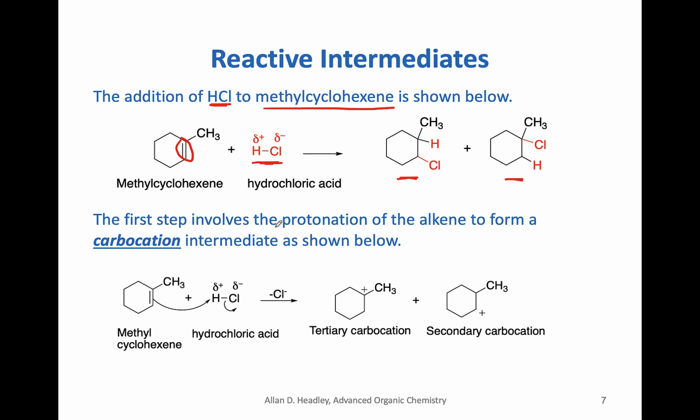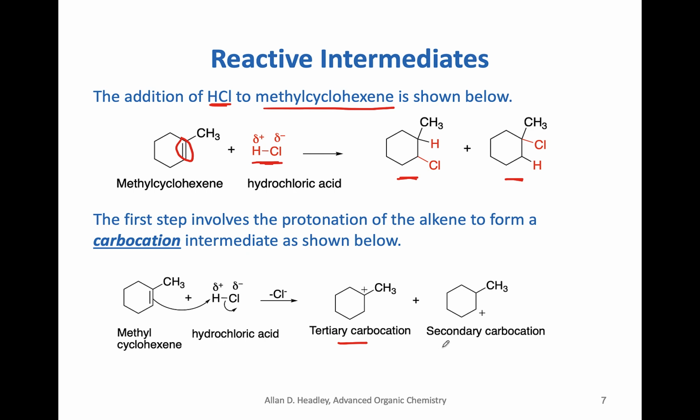The first step involves the protonation of the alkene from the acid. So here's the acid, here's the alkene, which is nucleophilic. The pi electrons will interact with the partial positive of the acid to give intermediates. So this is step number one.